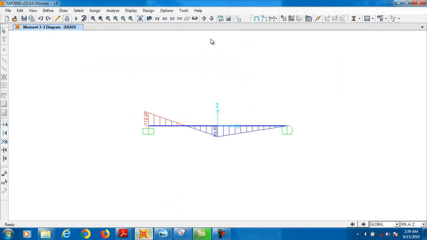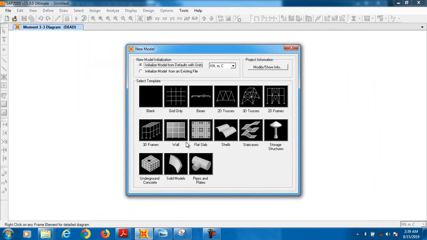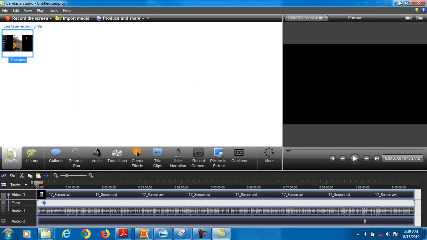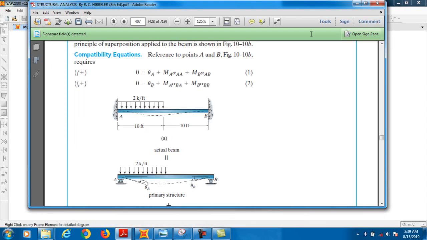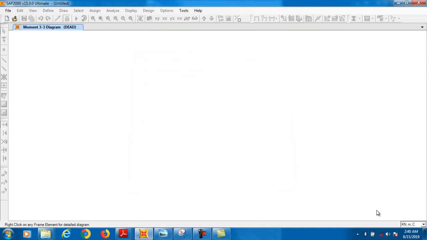Clear? Selecting new model, this is the fixed beam, and the units are in kip feet. Clear?